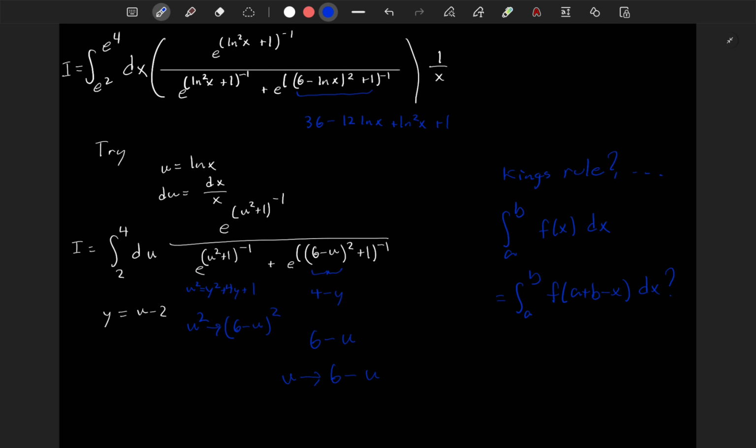So we need some other algebra before we apply a rule like that. Maybe some sort of series expansion when we multiply things out.